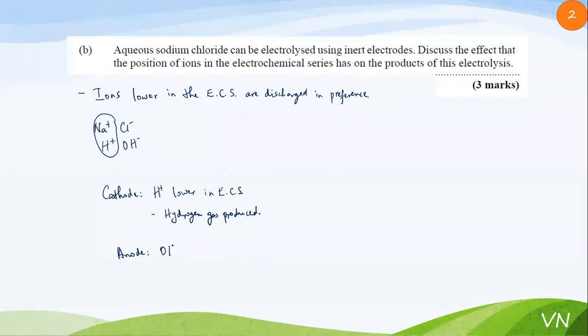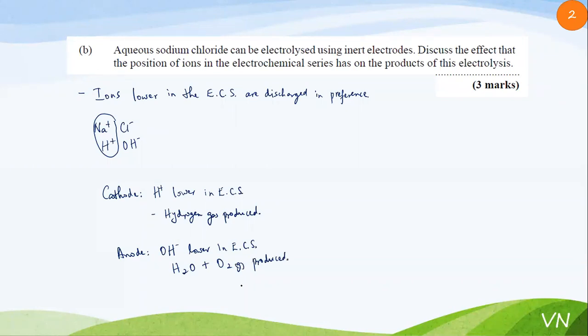Good, so it's correct, it is going to be the OH minus ions, lower in the electrochemical series. So what will be produced if the OH ions are being discharged? Good, so correct, we have water and O2 gas produced.